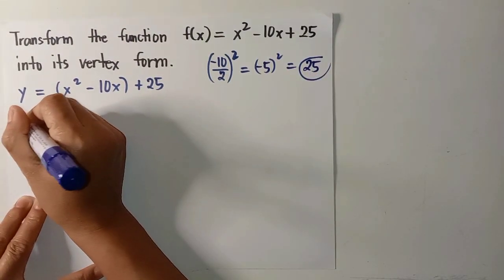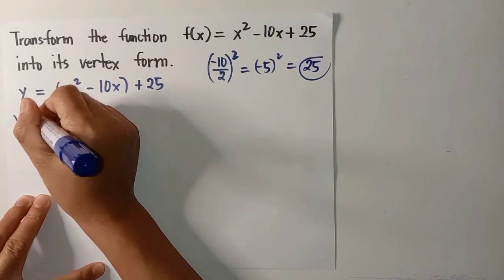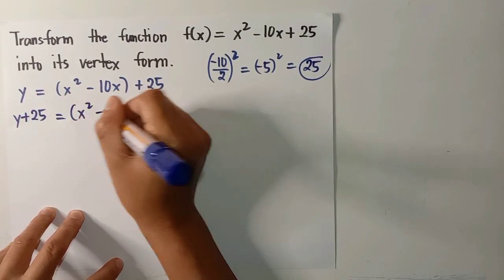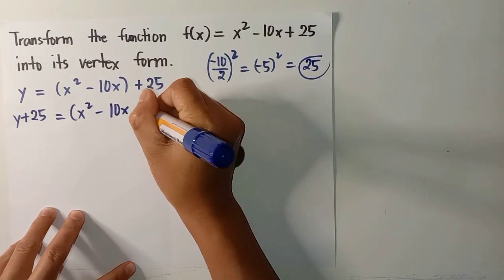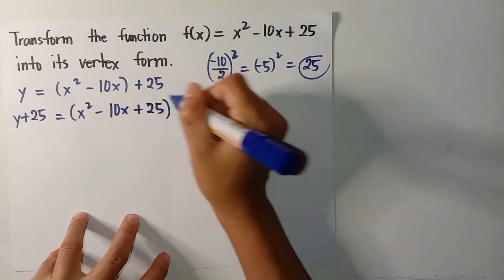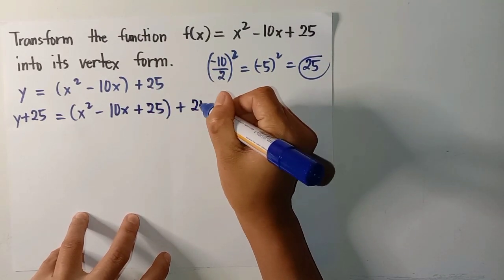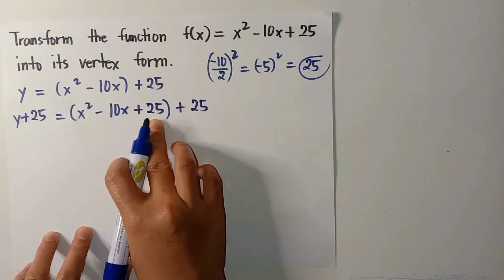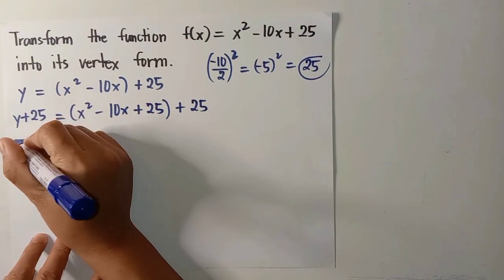So it becomes y plus 25 equals x squared minus 10x plus 25 plus 25. After that, you will express this as a square of trinomial.